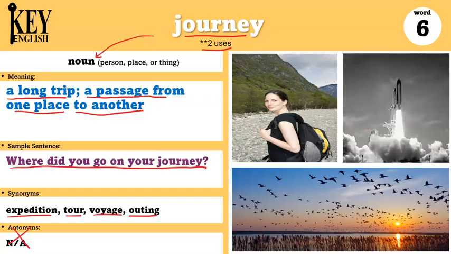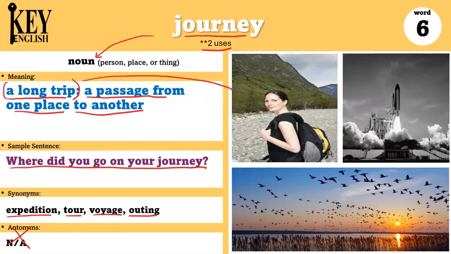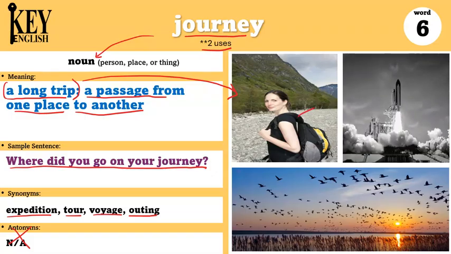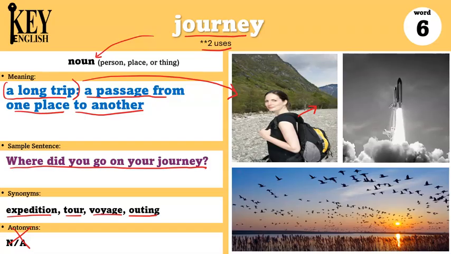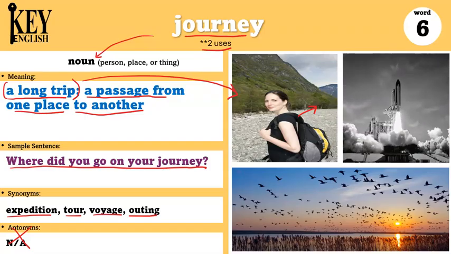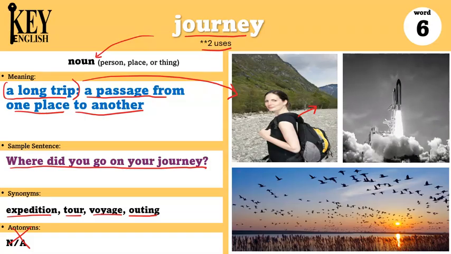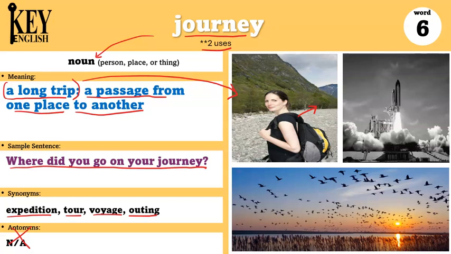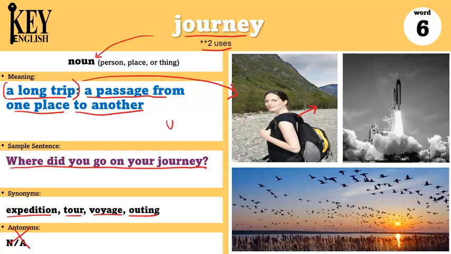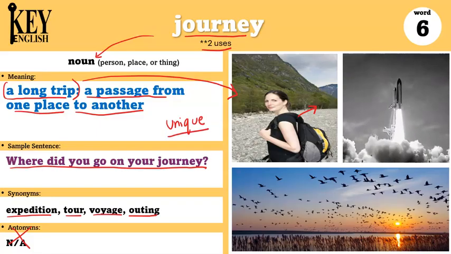So anytime that a person is going on a long trip, we can call it a journey. I can say, the hiker went on a journey through the mountains. Now, journey can be used to talk about any long trip, but most of the time it's used to talk about a very amazing or unique kind of trip, not just a regular kind of trip.